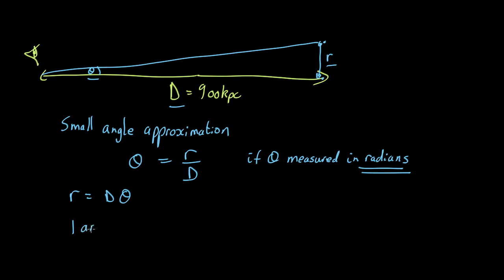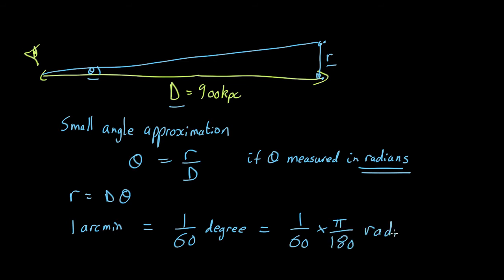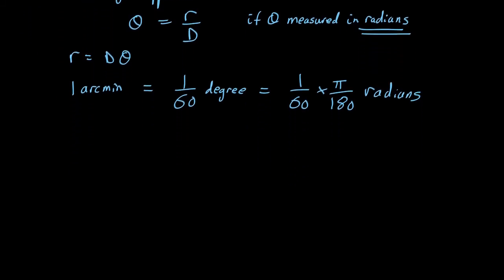So 1 arc minute is equal to 1/60th of a degree, equals 1 over 60 times pi over 180 radians. So we can work out that r corresponding to 1 arc minute is therefore 1 over 60 times pi over 180 times 900 kiloparsecs.